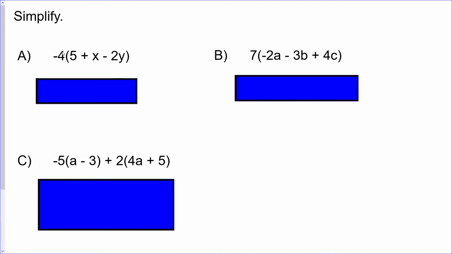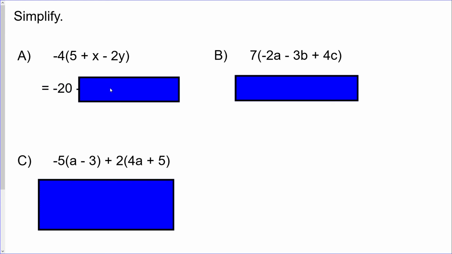So for this one here, remember we're doing negative 4 times 5, negative 4 times x, and negative 4 times negative 2y. So negative 4 times 5 is negative 20. Subtract 4x, so that's negative 4 times x. Sometimes that can be a little confusing for students when you're multiplying a number times only a variable, but remember that it is as though there's a 1 in front of it.